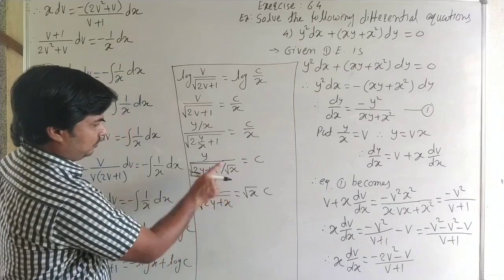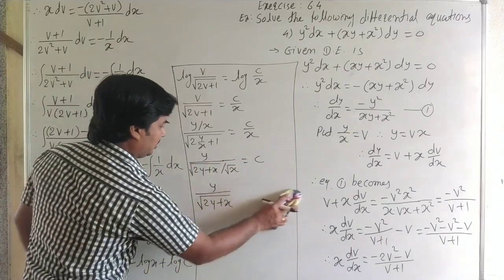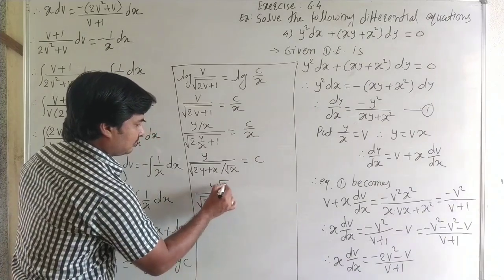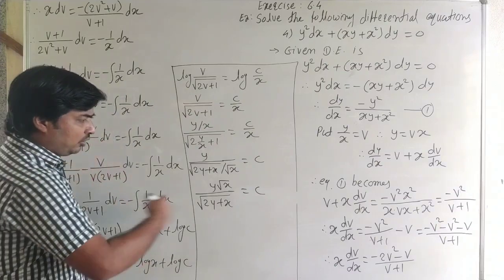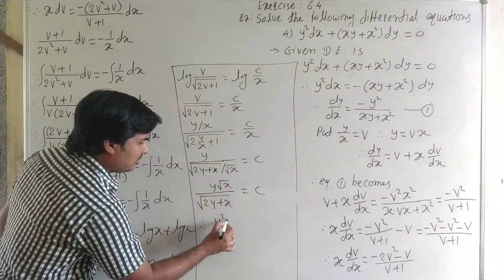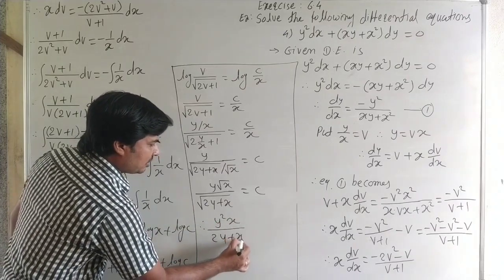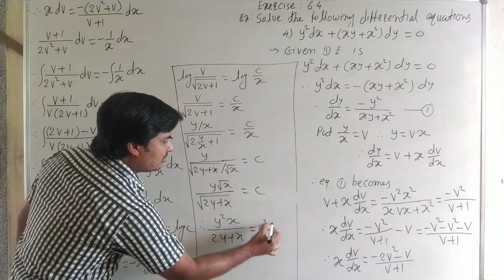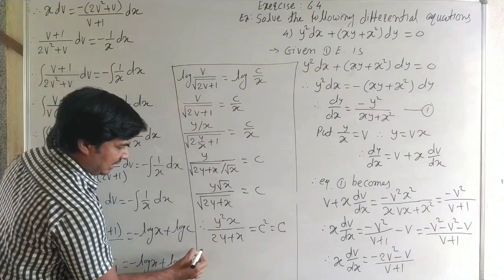This under root x we can write in the numerator. It is equal to c. Now squaring on both sides. When we take the squaring on both sides, it is y square x upon 2y plus x is equal to c square, and c square is again a constant, that is c.